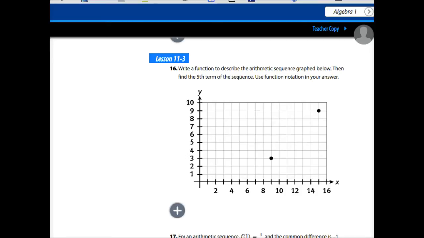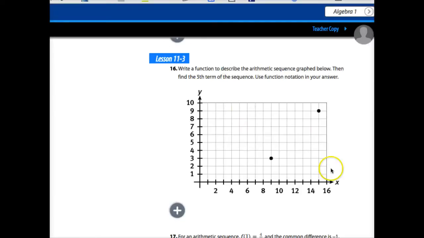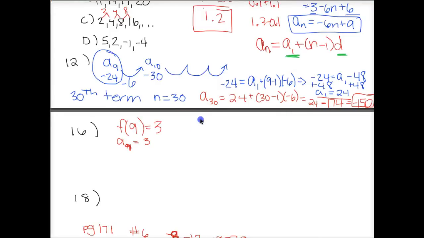I wrote out that f of 9 equals 3, which is the same thing as saying a sub 9 equals 3. Then the other one they give you is a sub 15 equals 9, so f of 15 equals 9 as well.